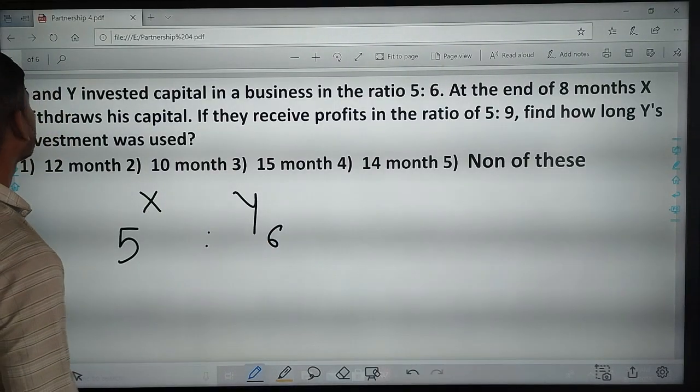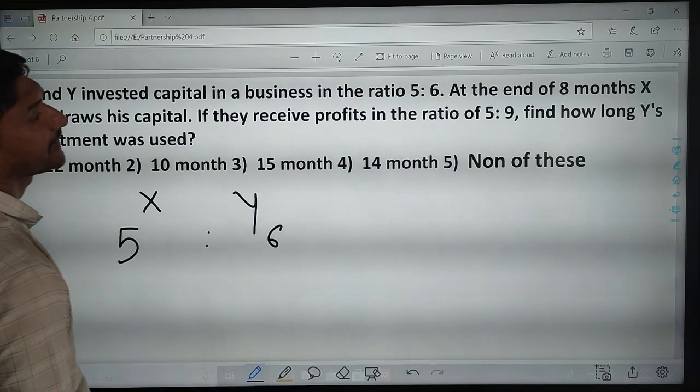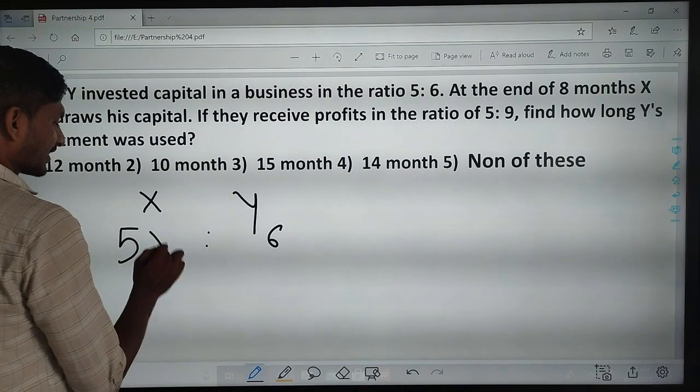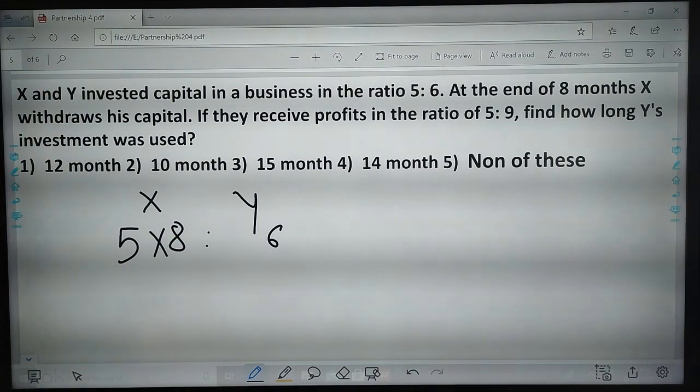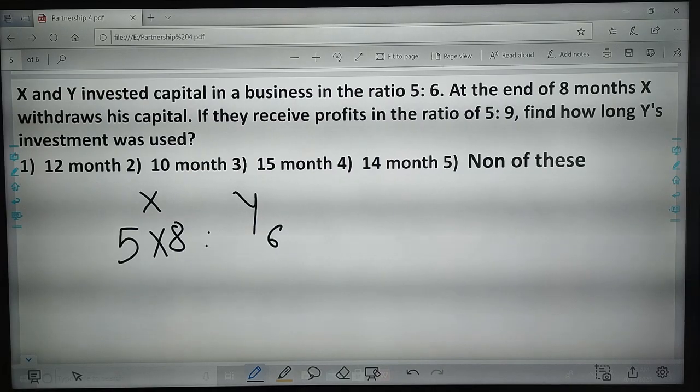At the end of 8 months, X withdrew his capital. Then X's investment is 8 months.